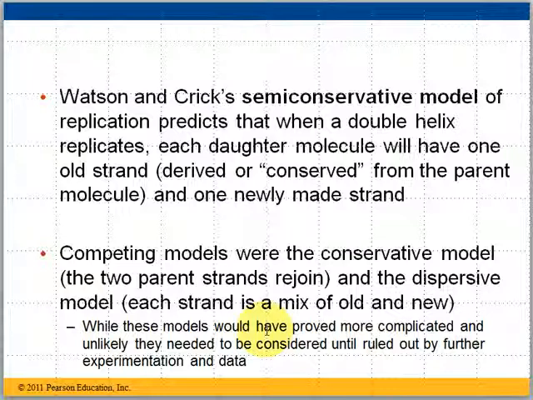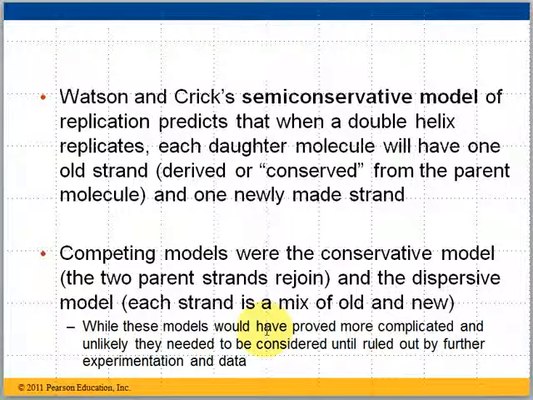One was called the conservative model, and we'll take a look at a picture which helps. A conservative model is where the two parent strands rejoin together. So you would have two molecules of DNA. One is the old parent strands, and one is made up of two new strands. And then you also have something called the dispersive model, where each strand of DNA is a combination, a mix of both old and new.